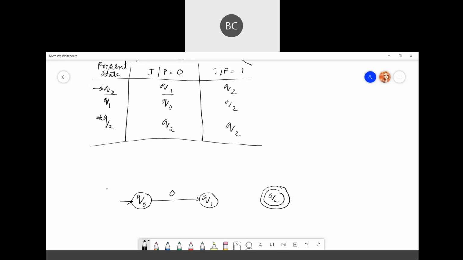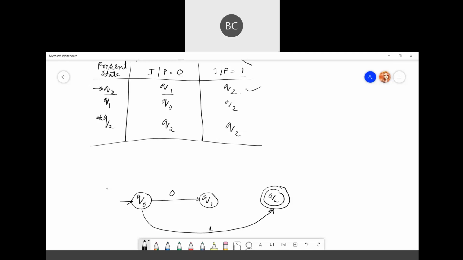Then from Q0, if we take input symbol 1, it moves to Q2. So this row is done for Q0. Q0 takes input symbol 0 and moves to Q1; if it takes 1, it moves to Q2. Okay. Next, come to the next row.